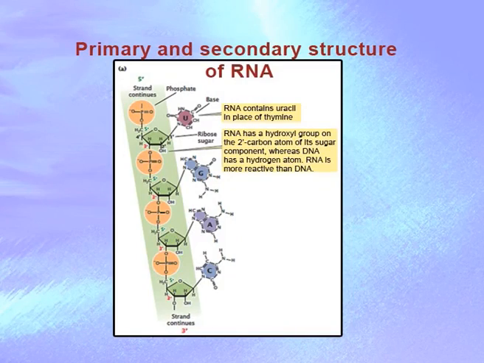Like in this diagram, we can see that this is an RNA chain and it represents the primary structure of RNA. The RNA chain has a polarity, like we have a 5' phosphate group and a 3' hydroxyl group. Each ribonucleotide is held on to each other by phosphodiester bonds.